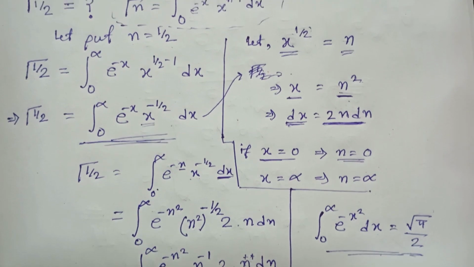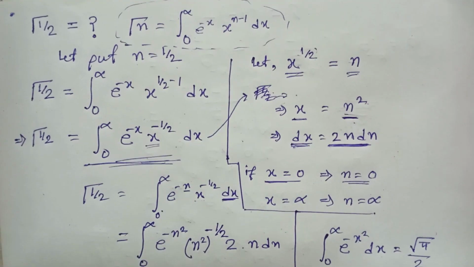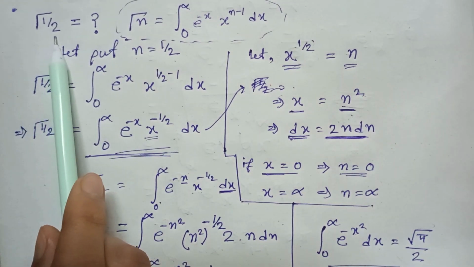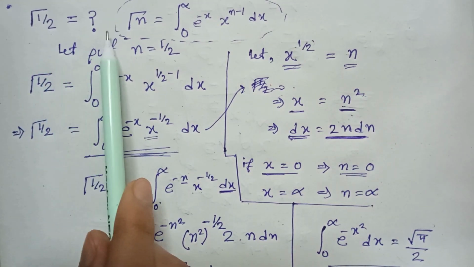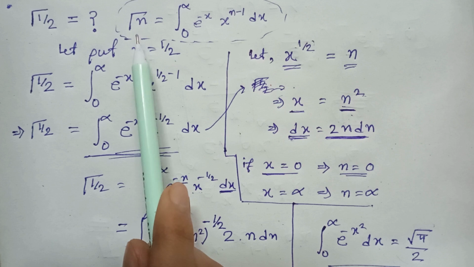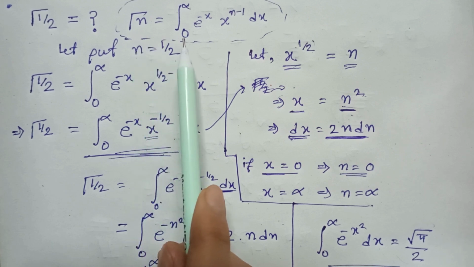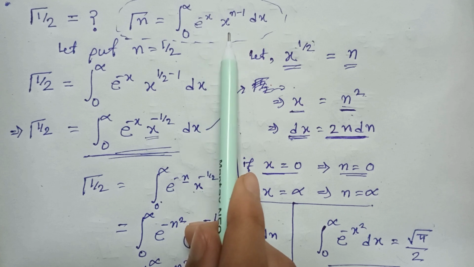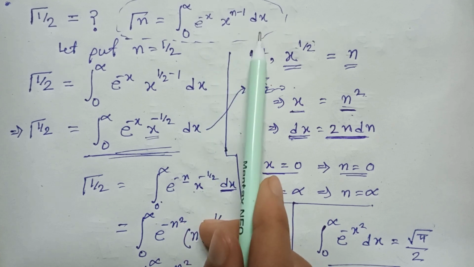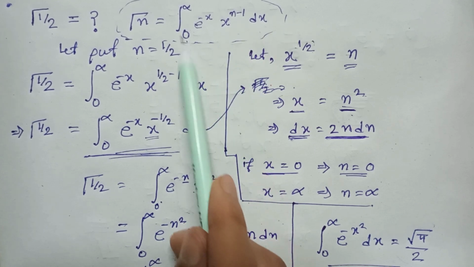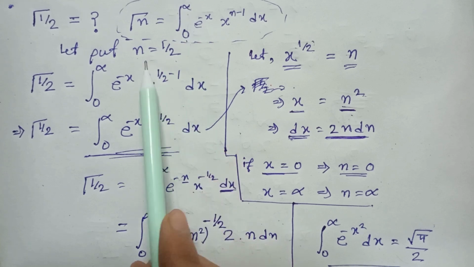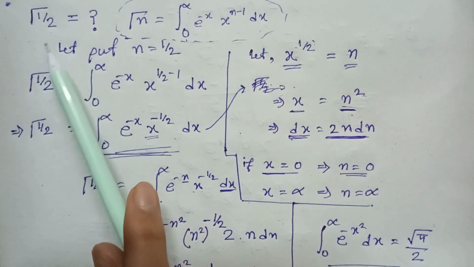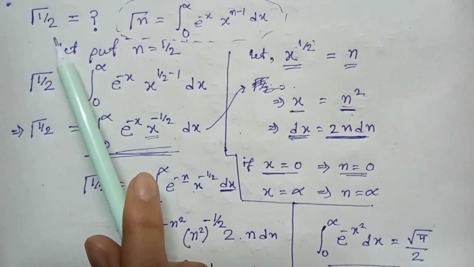Let's see once more what we have done from the first. First we have to derive the value of gamma 1 by 2, and we know that gamma n equals the integration of e to the power minus x times x to the power n minus 1 dx, with the limit of integration from 0 to infinity. Now let's put n equals 1 by 2, as we have to derive the value of gamma 1 by 2.